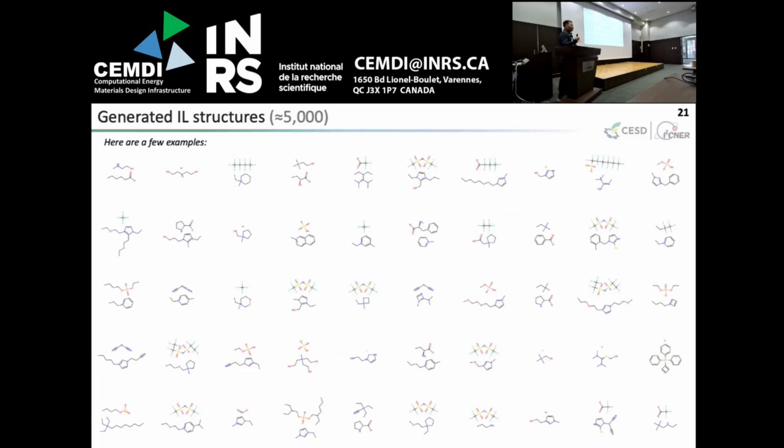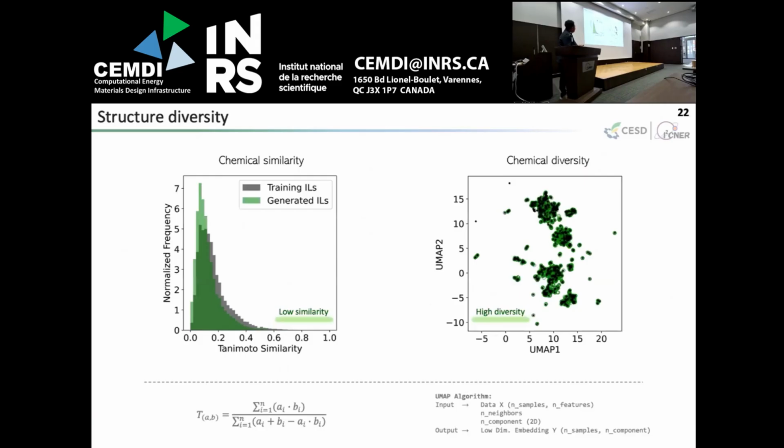As a researcher working in this field, I can tell that these structures look pretty compelling to me. But of course, we need to evaluate the quality of the generated structures more quantitatively, such as using Tanimoto similarity.